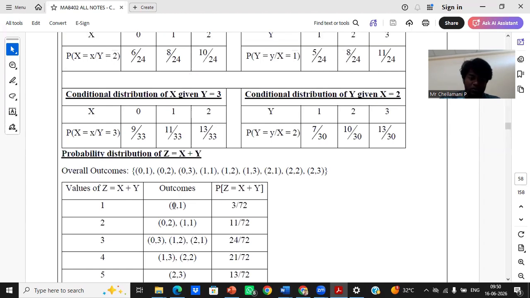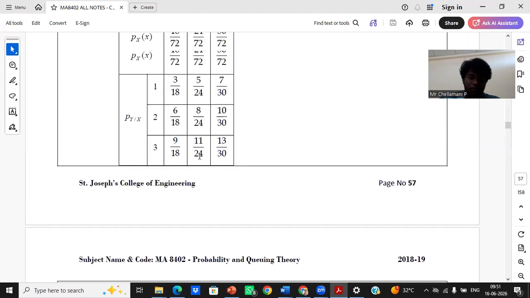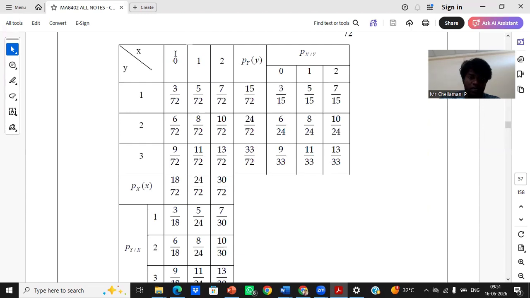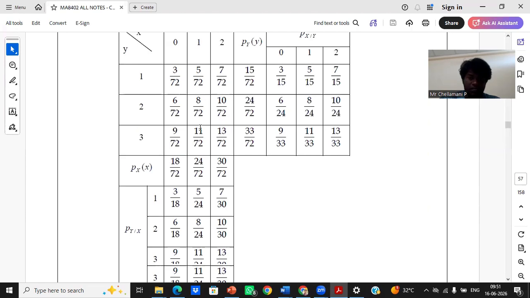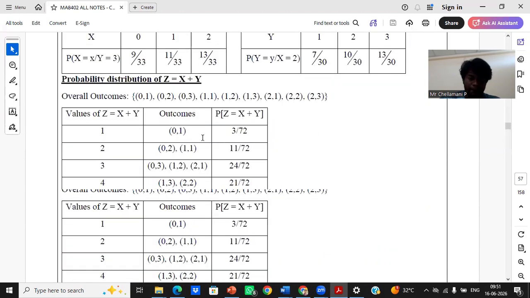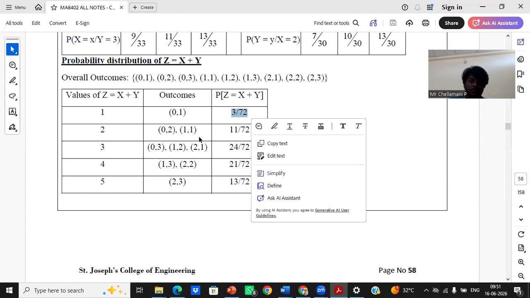Here x is equal to 0 and y is equal to 1. Then the 0,1 value is 3 by 72.